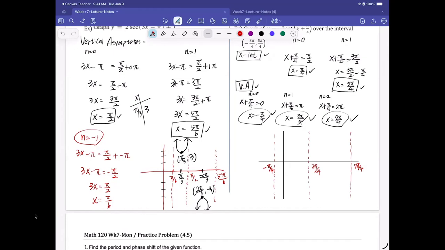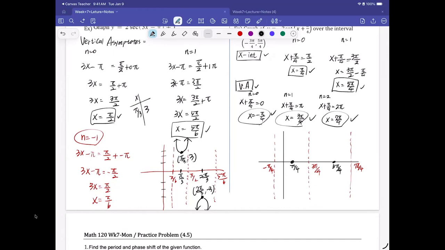And the x-intercepts are going to be between these two, right? Pi over 4, and then this is 5 pi over 4. So the graph is going to be between these two vertical asymptotes, right?